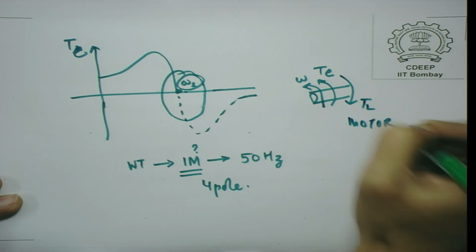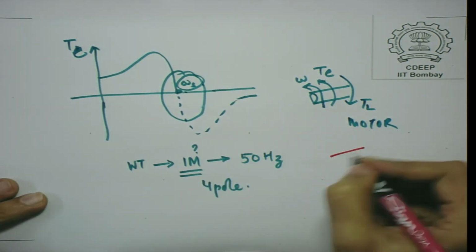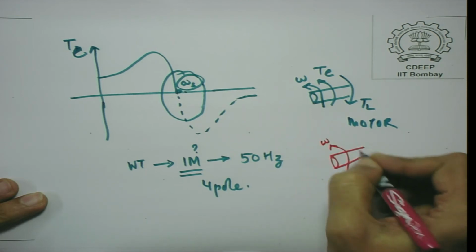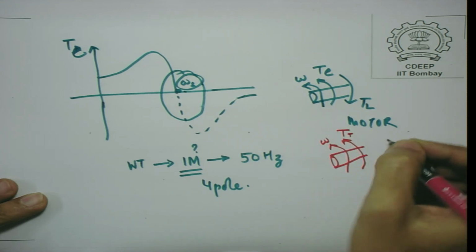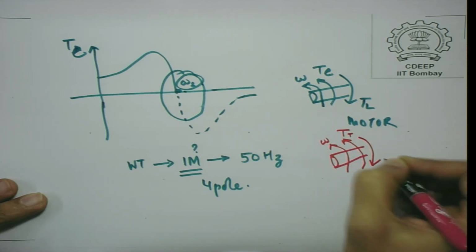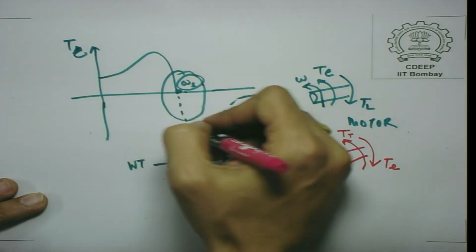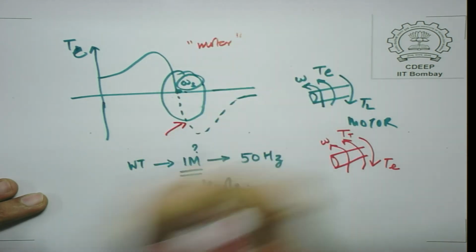For a generator, what you have is, if speed is in this direction, this is the direction of the turbine torque. This is the torque of the turbine, and this is the electrical torque. Just remember that. What I have drawn here is the so-called motor characteristic, and the negative motor characteristic is in fact the generator characteristic.